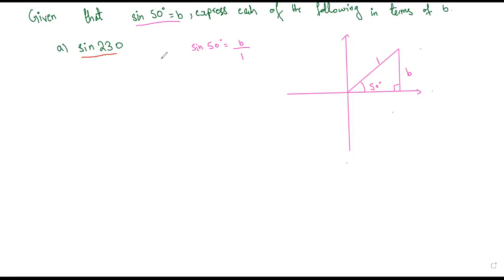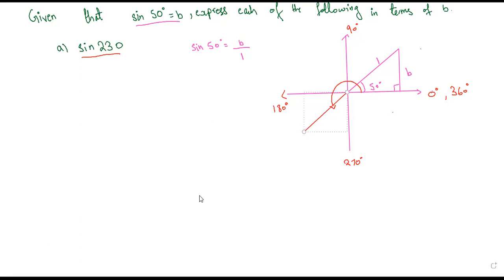What is sine 230? This is 0 degrees, 90 degrees. As soon as I see that every angle is in degrees, I'll just write these down. And this is 270, and then this is again 360. 230 means it is going to be somewhere here. Now I will again make a triangle and I will talk about the acute angle. I'm not interested in this angle.